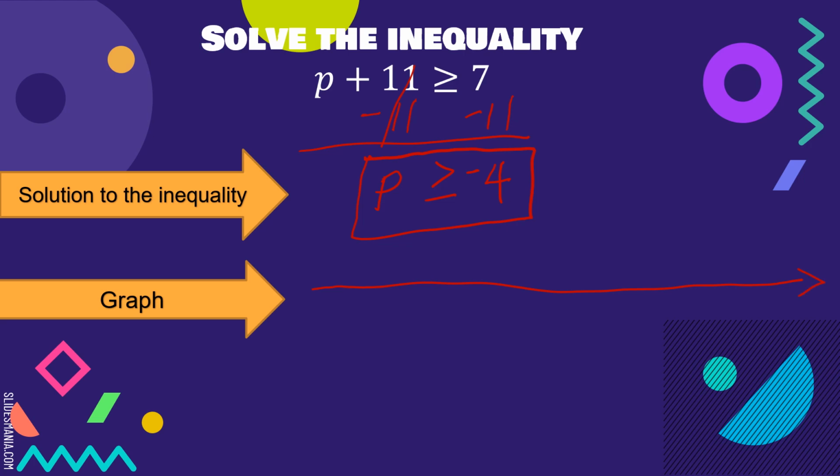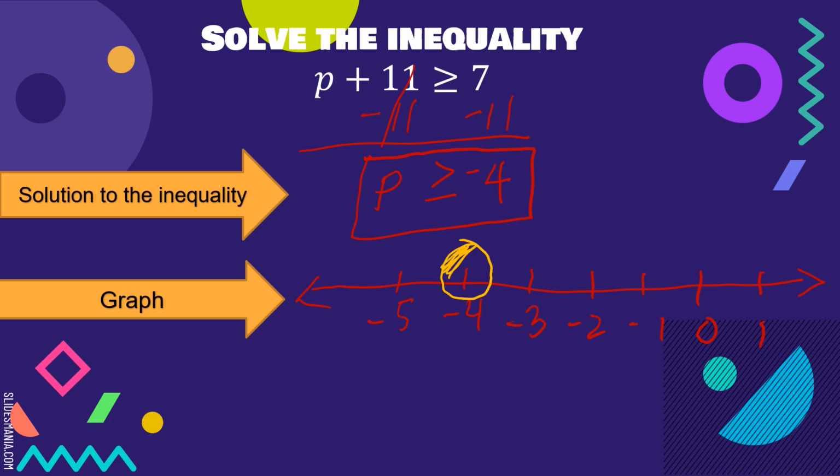This is how we are going to graph. If we start with, let us say, -5, and then we have -4, -3, -2, -1, 0, and 1. And then -4 is our area of interest. So -4 is included.